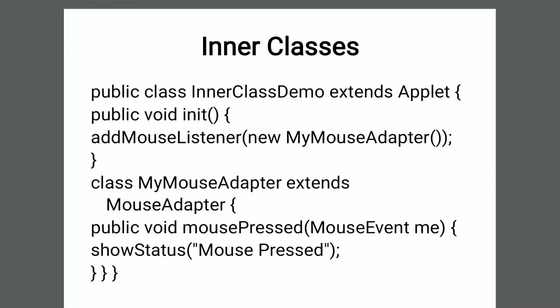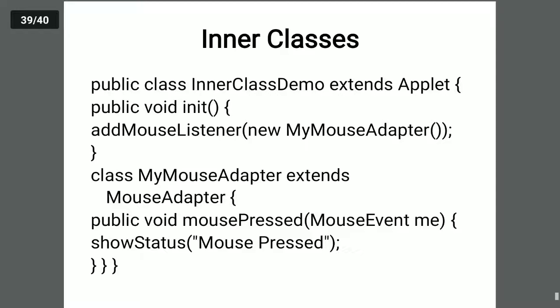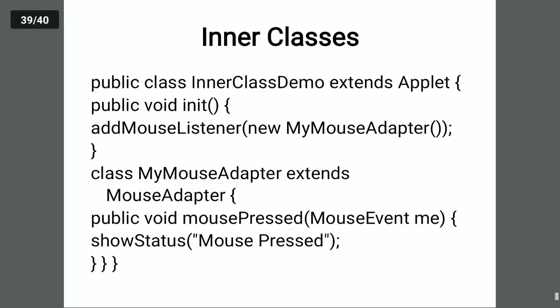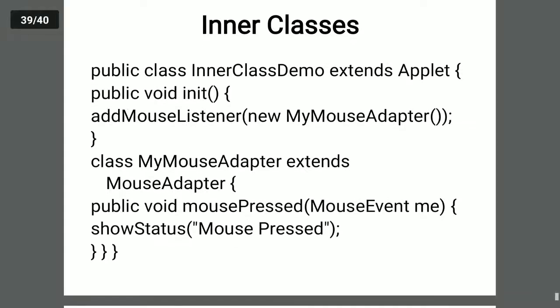Next is the inner class. How you can implement these events using an inner class. Here MyMouseAdapter is present within InnerClassDemo. That InnerClassDemo is a subclass of Applet. The init method is the method of applet, under which the event is registered.